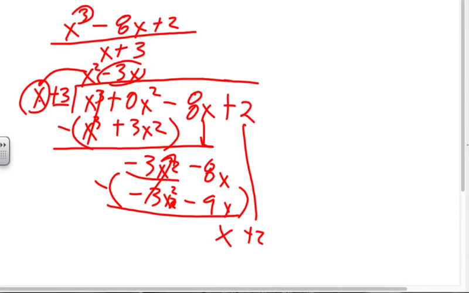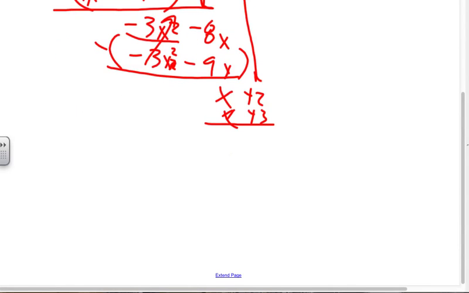I bring down the 2. X will go into x one time. 1 times x gives me x. 1 times 3 gives me a plus 3. I've got a remainder, I subtract them, of negative 1.